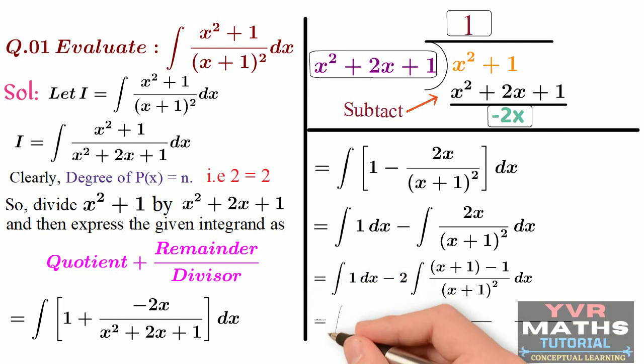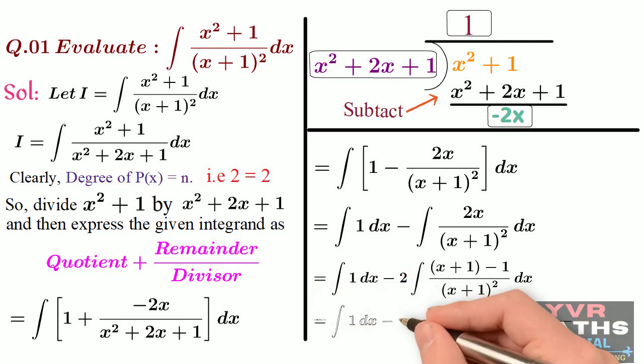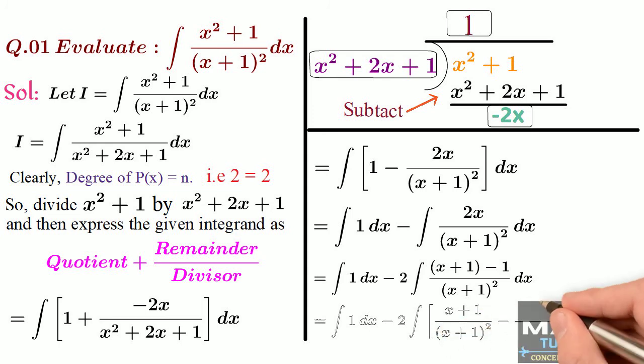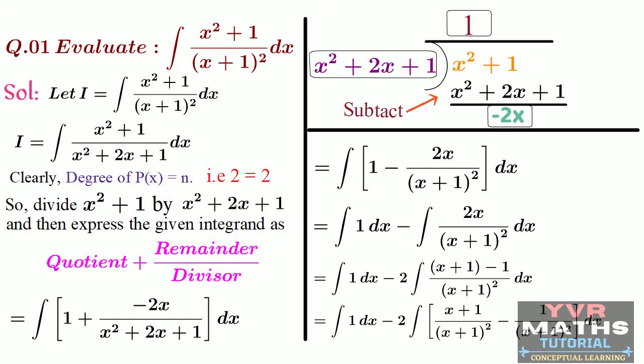Integral 1 dx minus 2 integral x plus 1 by x plus 1 whole square minus 1 by x plus 1 whole square dx. If you see here, from the second integral, from the first term, x plus 1 gets cancelled. Then what you will get in the new step?